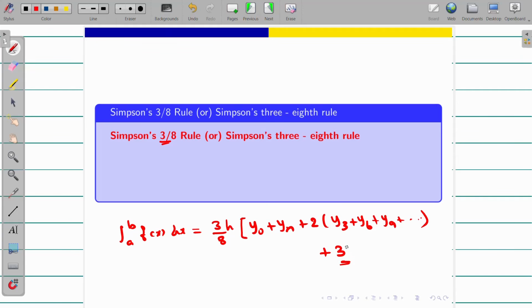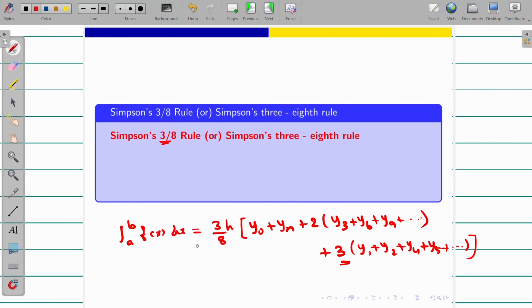If you keep that clue, you won't make any mistake, because most of you make the mistake while solving problems. They interchange, twice of y3, y6, y9 and four times, confusing it with the one-third rule. In the 3/8 rule, it will be 3 here, right? 3 times of the rest of the values. What are the rest of the values? Y1 is missing, y2 also missing, y3 is there, y4 is missing, y5 also missing, and so on.